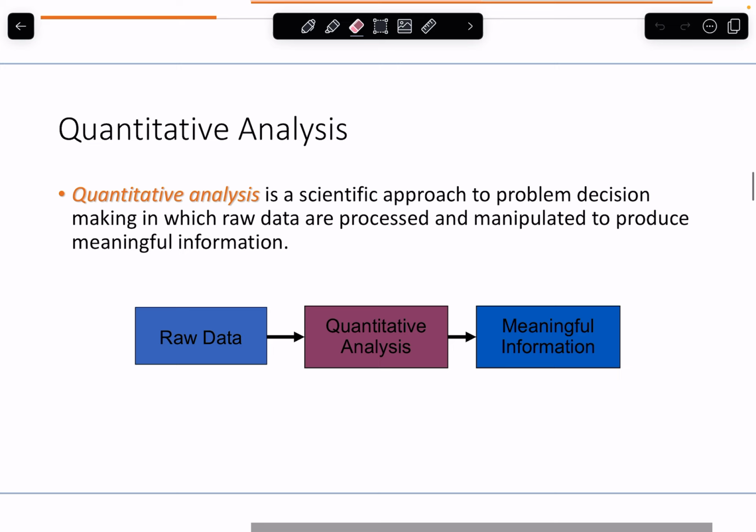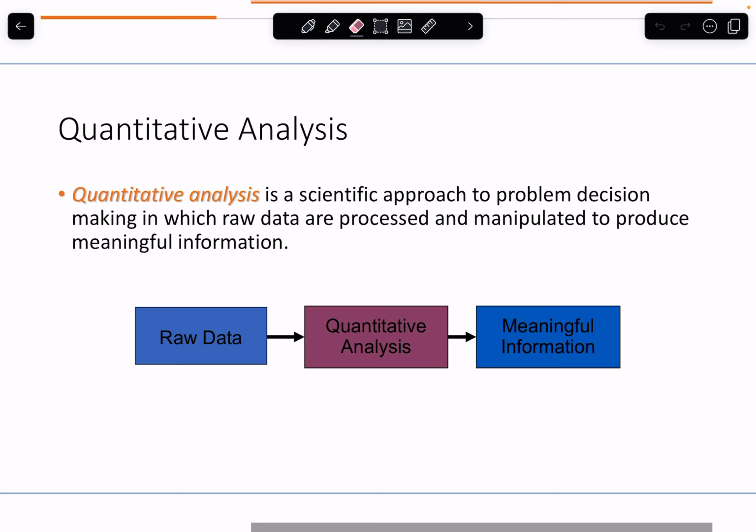So let's try to define what quantitative analysis is. Quantitative analysis is a scientific approach to problem decision making in which raw data are processed and manipulated to produce meaningful information. So quantitative analysis is based on raw data, on actual data.